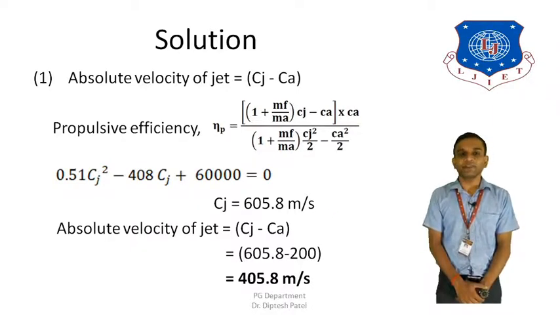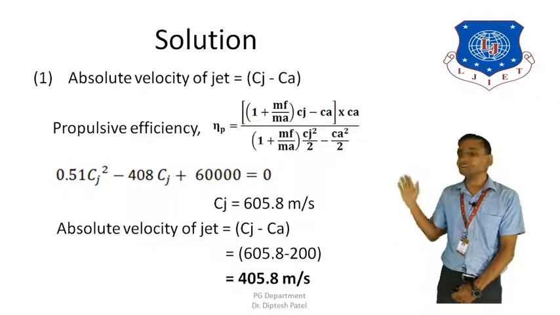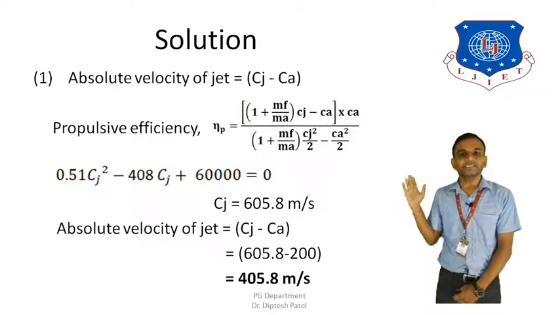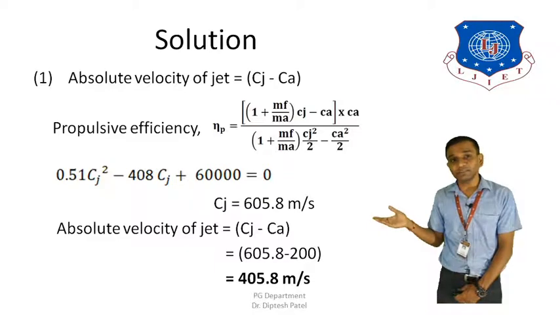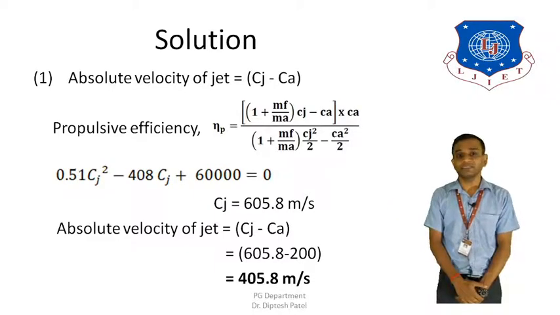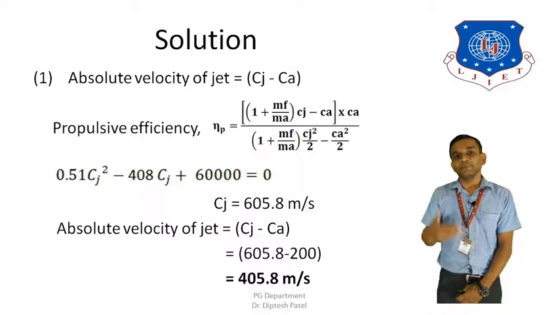Eta P, the propulsive efficiency, is equal to, inside the bracket, 1 plus Mf upon Ma, into Cj minus Ca, into Ca, the whole term divided by, inside the bracket, 1 plus Mf upon Ma, into Cj square divided by 2 minus Ca square divided by 2. Here Cj is the velocity of gases leaving the nozzles, Ca is the velocity of air entering the diffuser, and Mf upon Ma is the ratio of fuel to air.